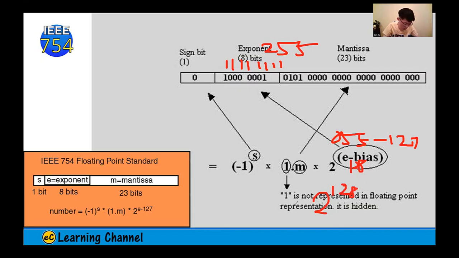Is that a big number or a small number? Number-wise, it would be a pretty large number. I'm talking about magnitude. We don't care about the sign, only the magnitude, the size. It's pretty big.